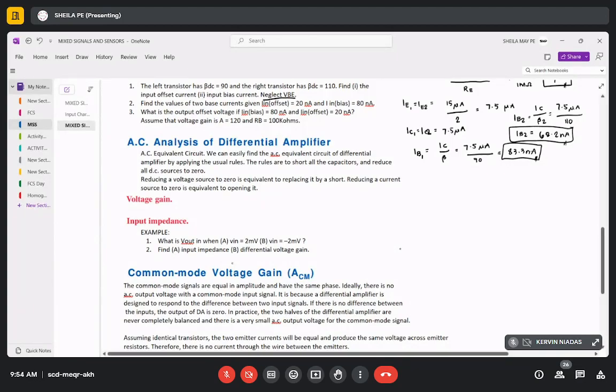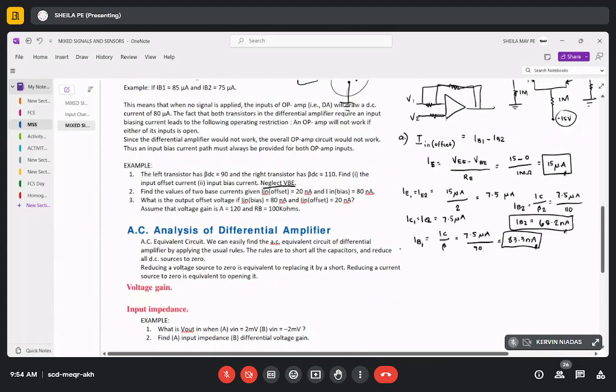Right, that's 68.2. So we can find our input offset current, which is IB1, 83.3 nanoamperes minus 68.2 nanoamperes.